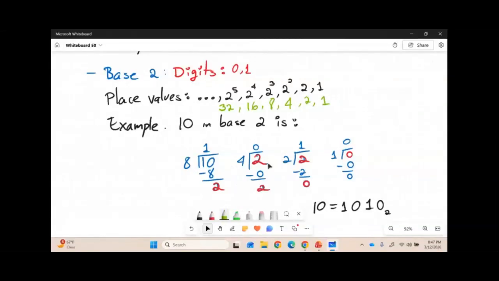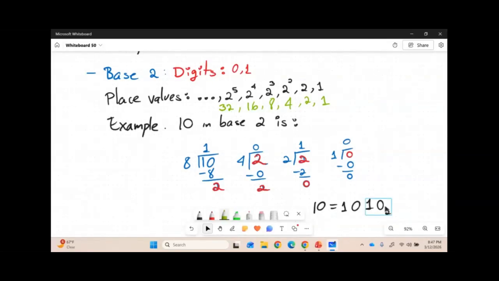But we need all of the divisions because then the number 10, you can write it using the coefficients, which are the numbers on the top. So 10 in binary is equivalent to 1, 0, 1, 0. Now, this may seem surprising, but it's pretty easy to read.